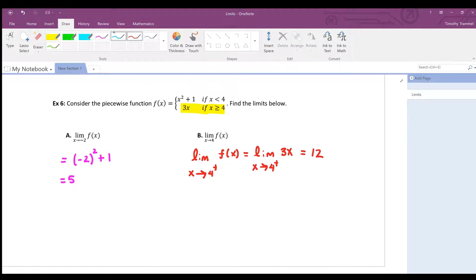And then we can try and take our left-hand limit. If we're coming from the left, that means we're now going to be on x squared plus 1.